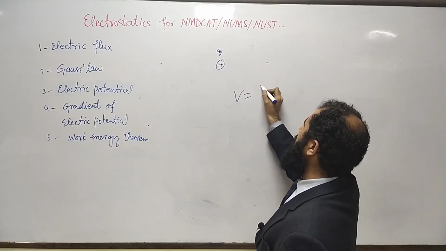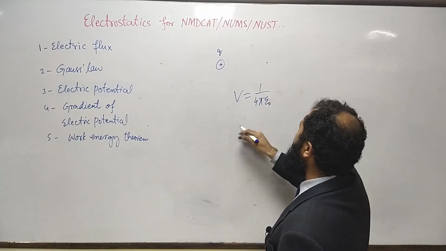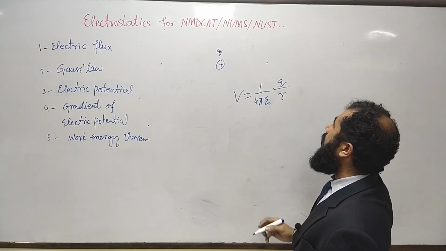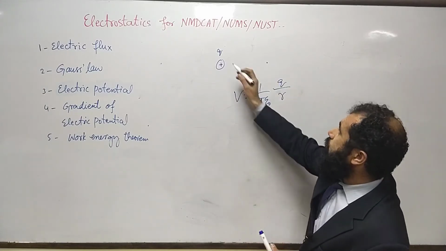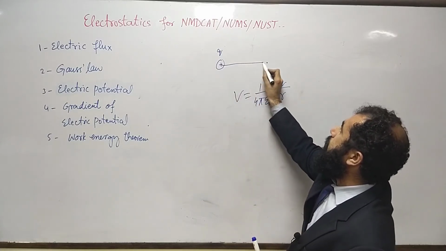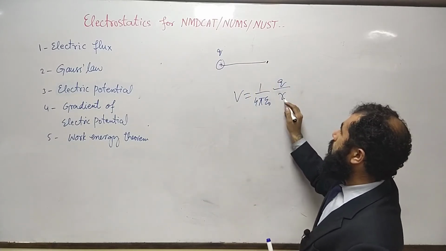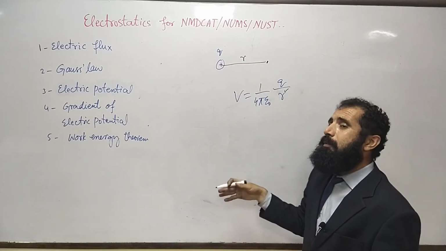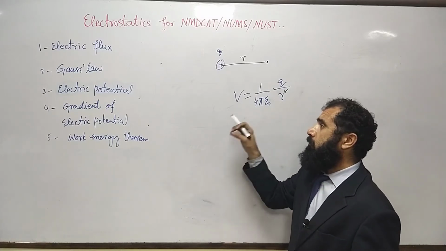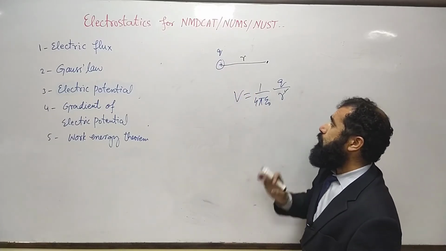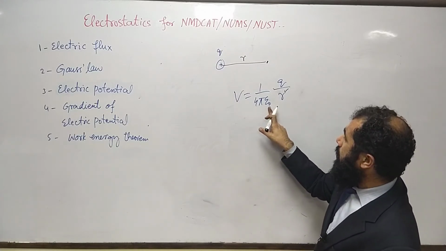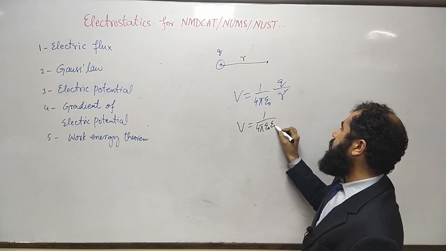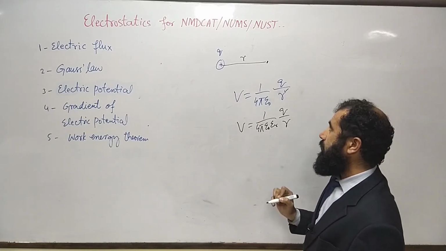Its mathematical form is 1 divided by 4 pi epsilon naught, if I assume it to be in free space, times q divided by r. It depends upon the magnitude of this charge, and upon the separation r of this point from the source. It also depends upon the medium where the charges are placed. In this case the medium is free space, so I put epsilon naught. In case of any other medium you would put epsilon naught times epsilon r, q divided by r.